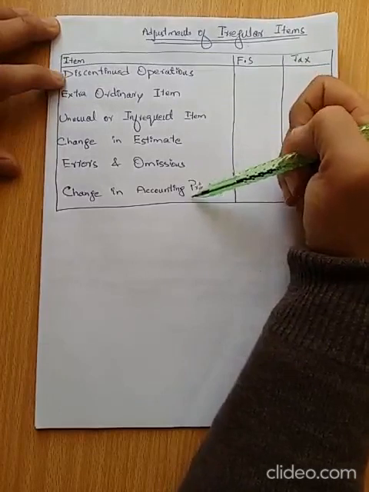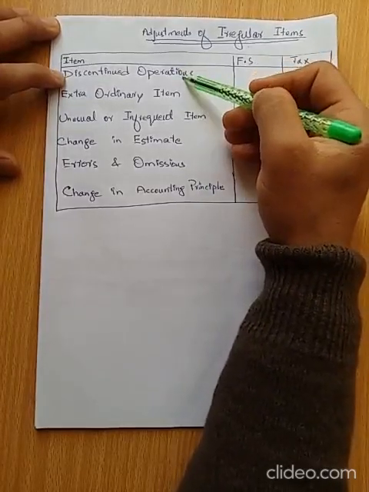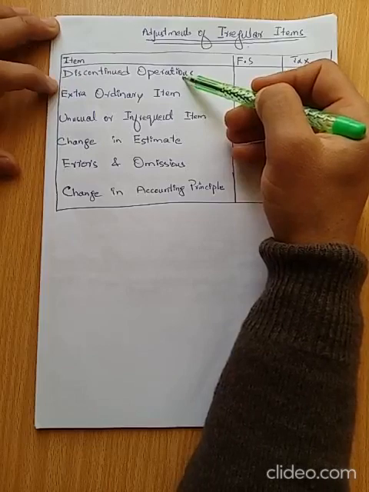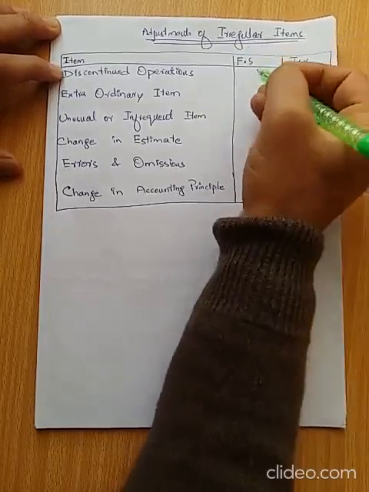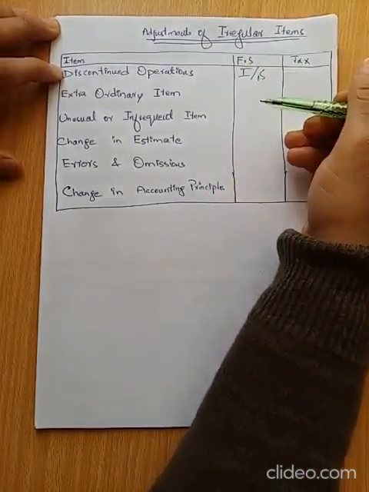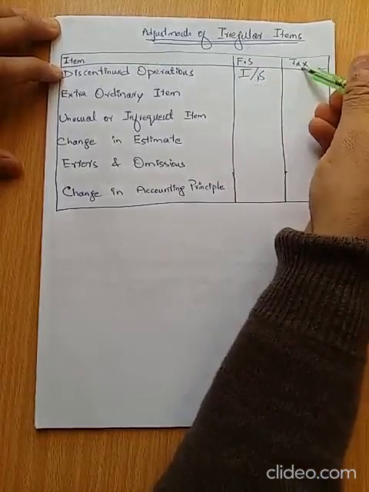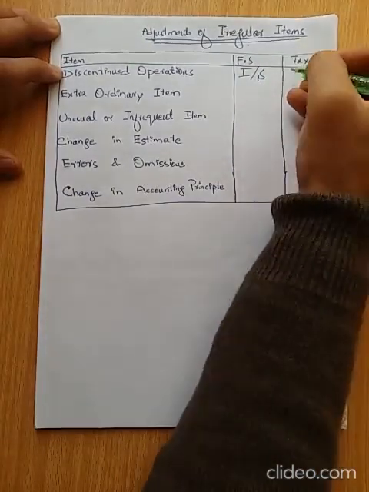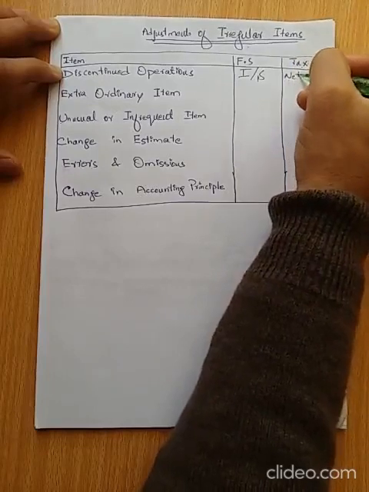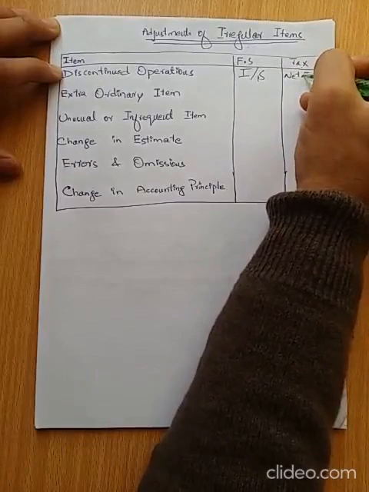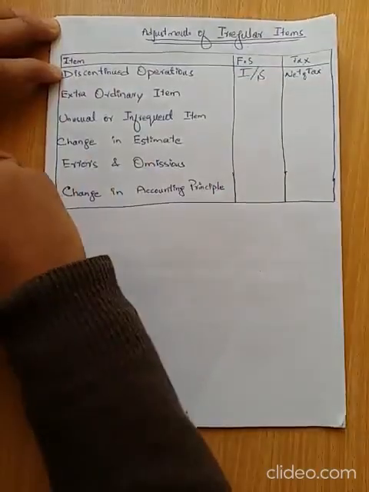Whenever you see an item or an account related to discontinued operations, you will adjust that item in the income statement of the company. The tax consideration for that would be net of tax, which means after the deduction of tax. Remember this.